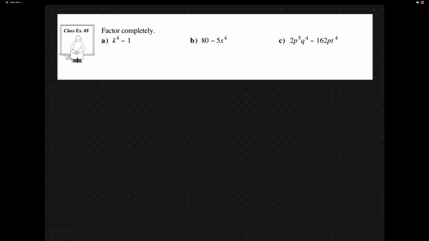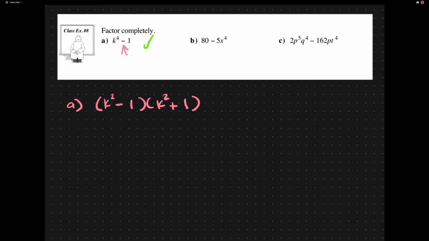Now with perfect square trinomials, remember the last term had to be a positive. But with a perfect square binomial, we do want that to be negative. So that is true, indicating that this should break up into two binomials, which would be k squared minus 1 and k squared plus 1.